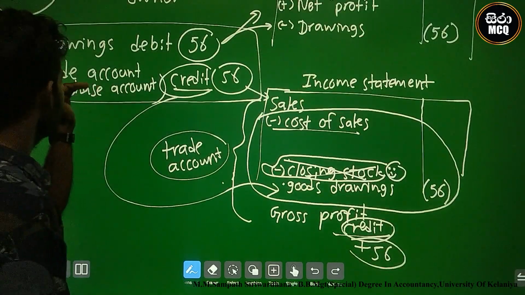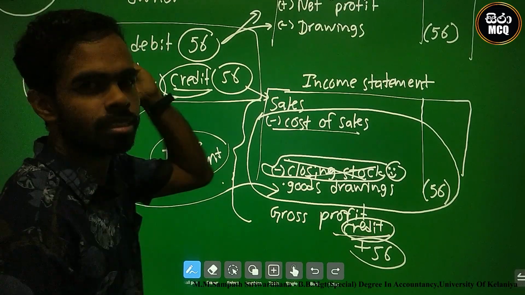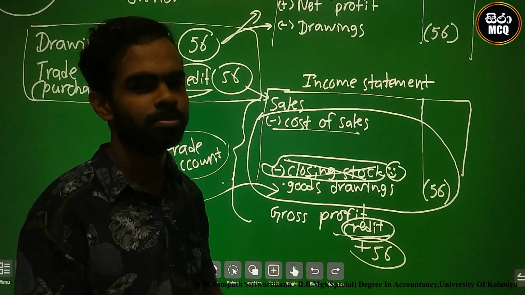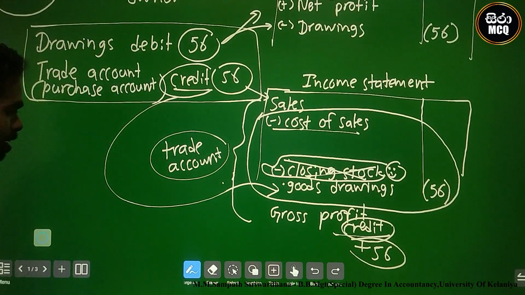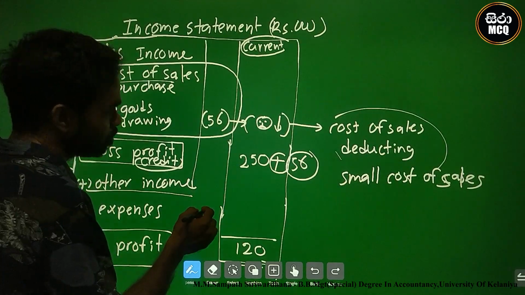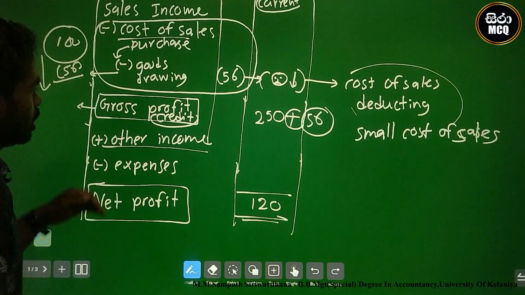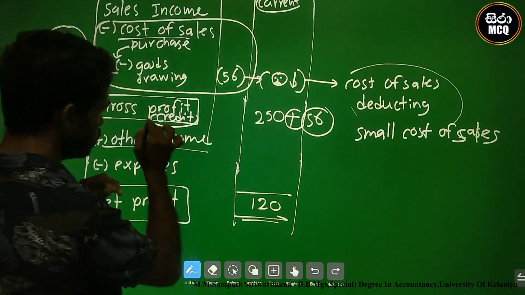There is a credit side impact to this one. This is the drawing double entry. Trade account credit, no? The credit, this person gross profit, is credit. We must credit plus. At this time, I can add this 56. There is an impact, plus to gross profit.